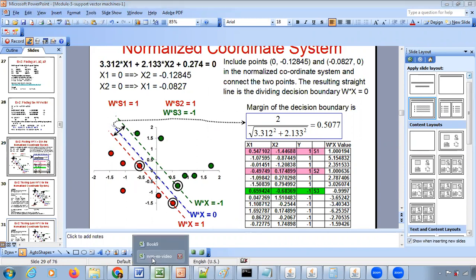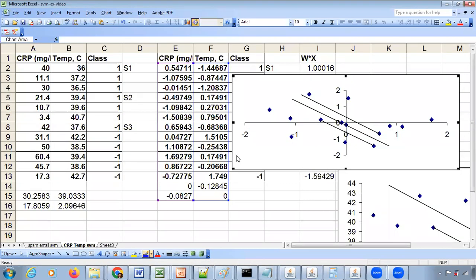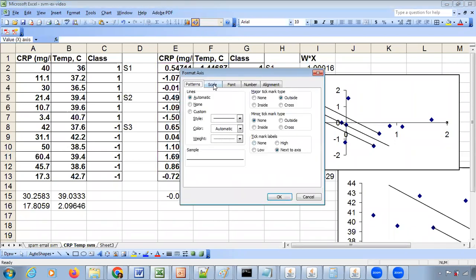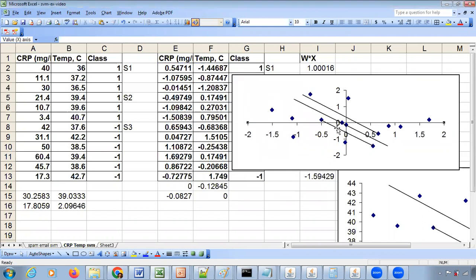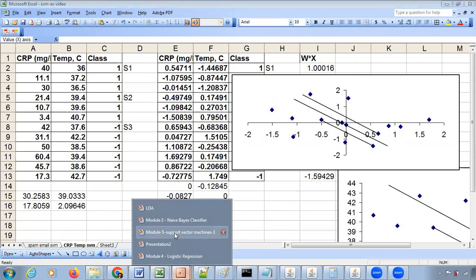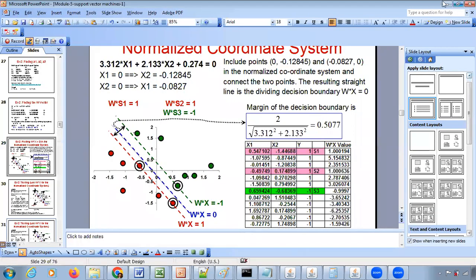Now, as I said, you can cross check whether the math really makes some sense for the margin. So let's make it a little bit scale as 0.5. So the margin of the decision boundary really is what did we get? 0.5077.